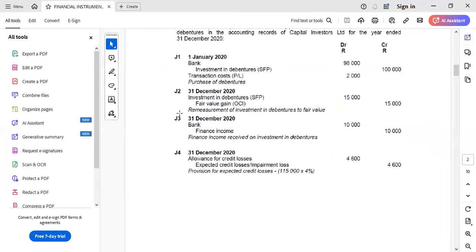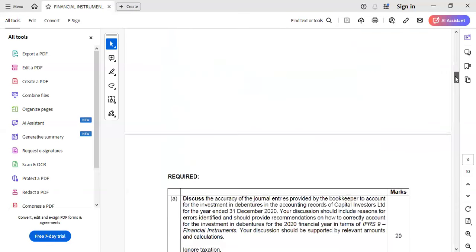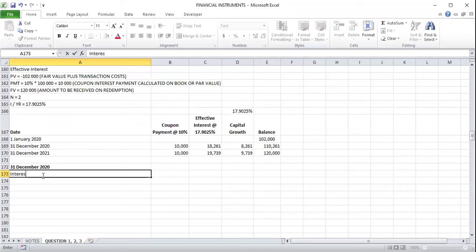The interest was supposed to be recognized using the effective interest method.